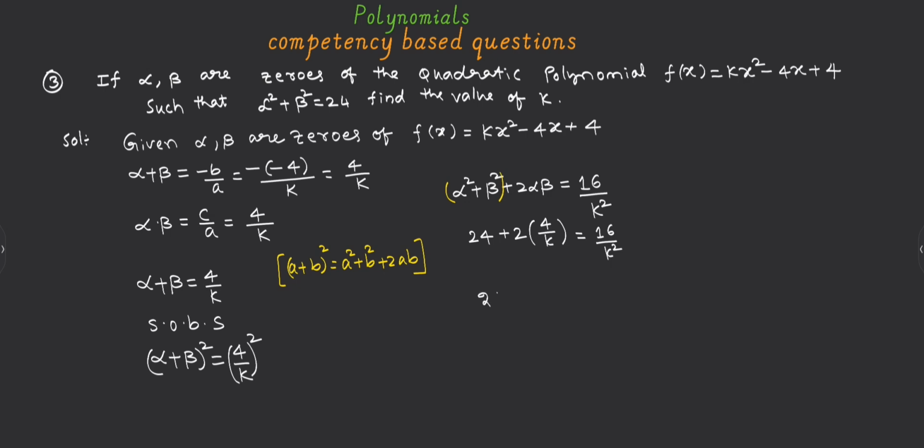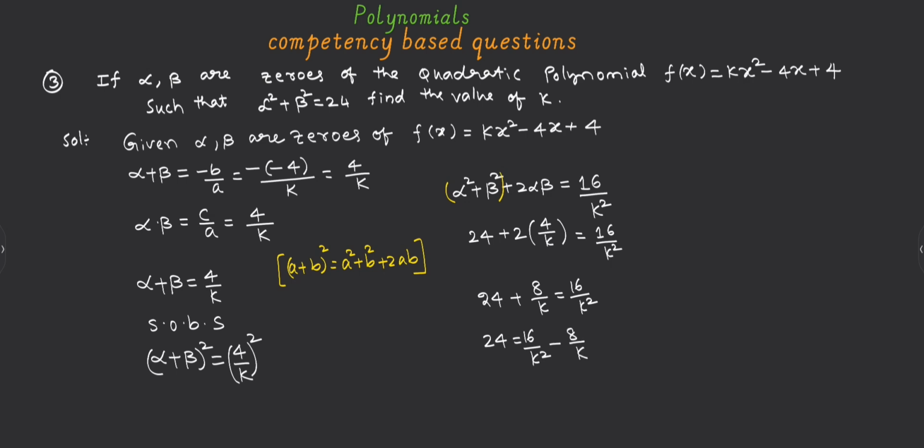Now 24 plus 8 by k is equal to 16 by k square. We want the k value, so transpose the k term to that side, then we get 24 is equal to 16 by k square minus 8 by k.